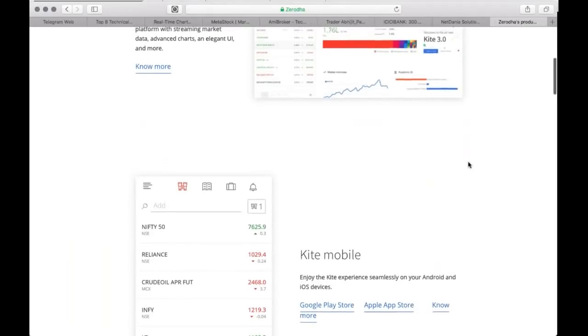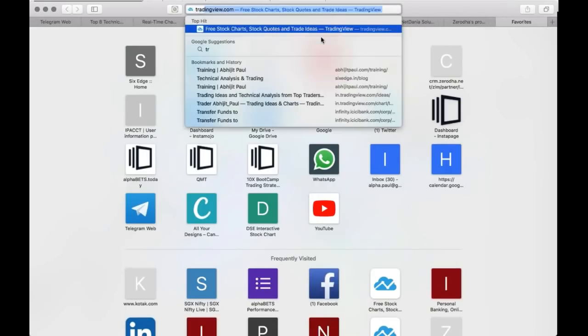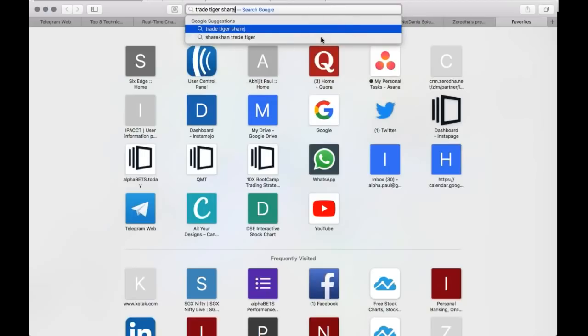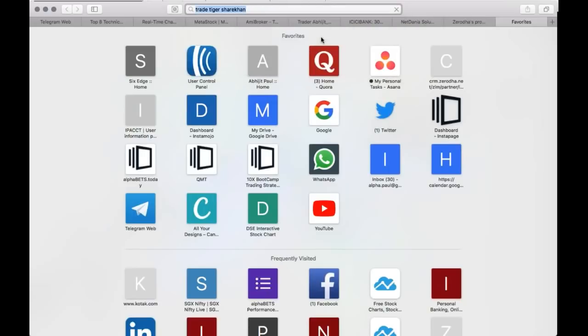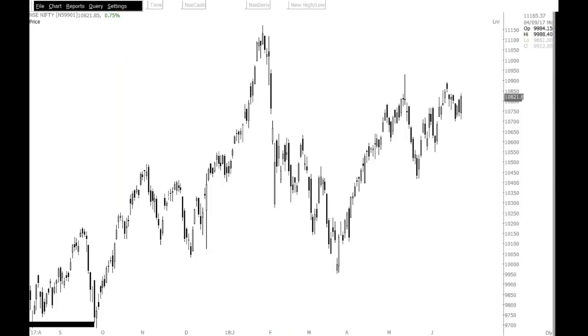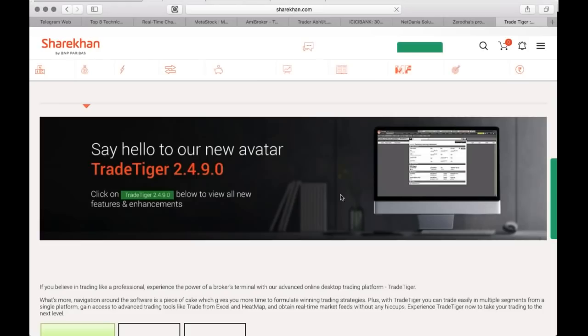Amongst the various brokers, Share Khan, Trade Tiger, let me show that to you. Trade Tiger, Share Khan's platform is also very, very clean, very nice. The reason behind is the people behind Iris Plus software, the Spider software people, they are the ones who have actually built the Trade Tiger.